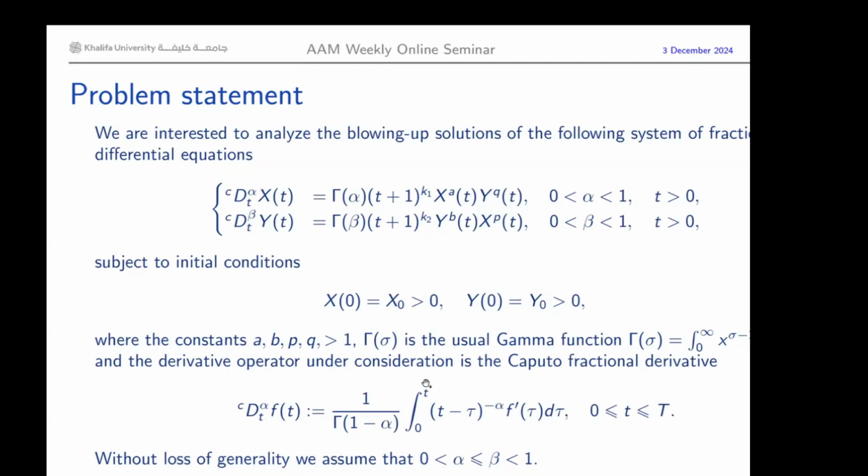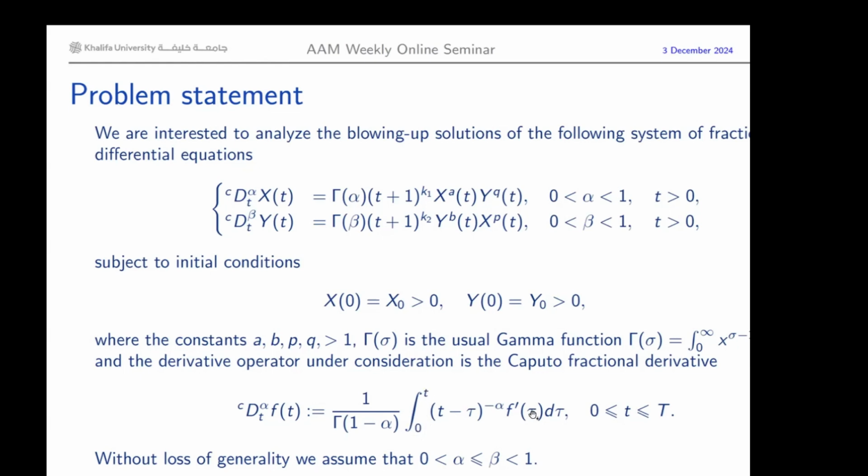Because the usual derivative measures the rate of change of an object at an instantaneous time t, while the fractional order derivative allows us to take into account the accumulation of that object's rate of change until a certain time t, multiplied by some weighted kernel. So using the fractional derivative allows us to have better precision, because at every time t we are taking into account the historical behavior of that object.